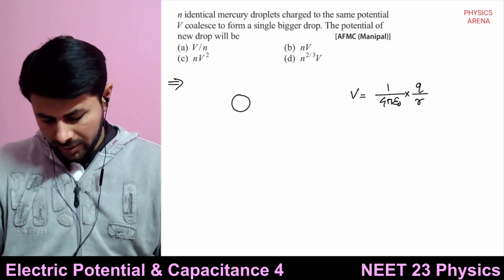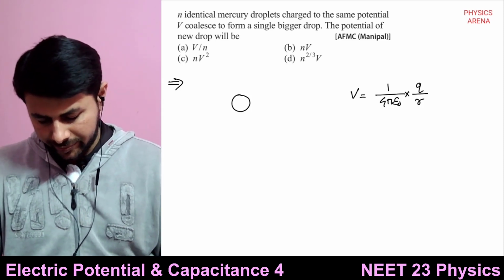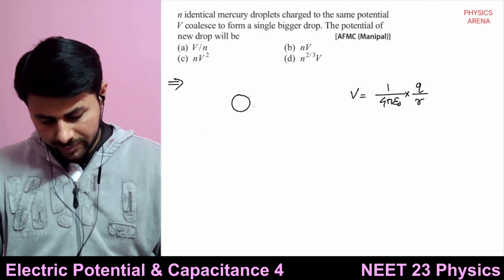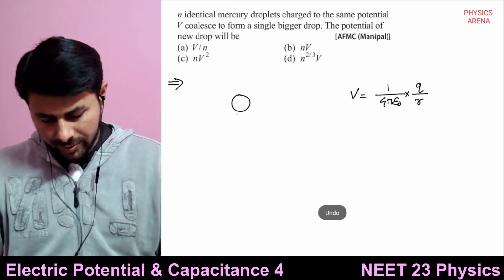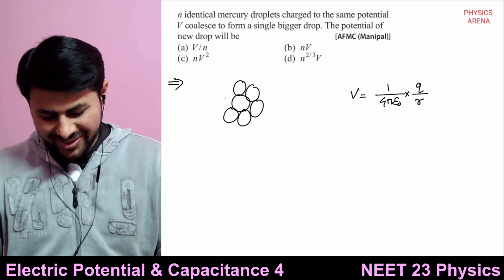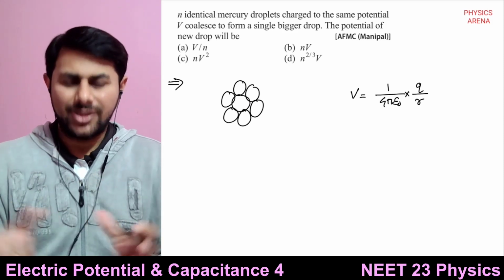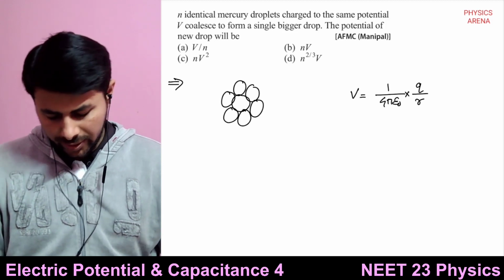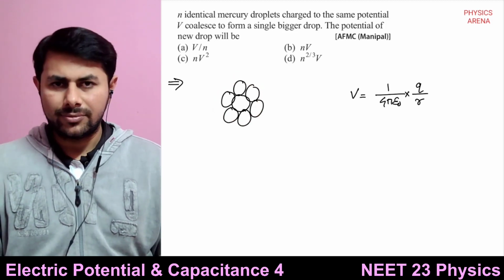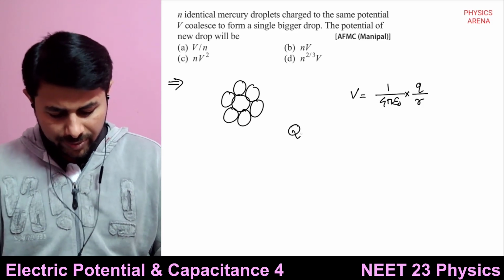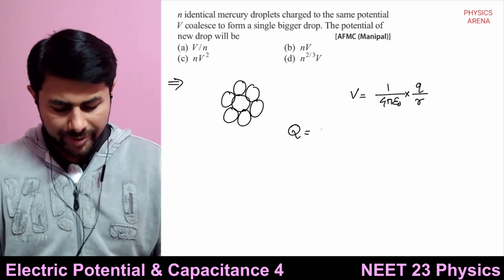Now, if you combine them all, n such droplets, what will happen? The new drop that you are getting will have charge, let's suppose, capital Q. So capital Q will be equal to what?